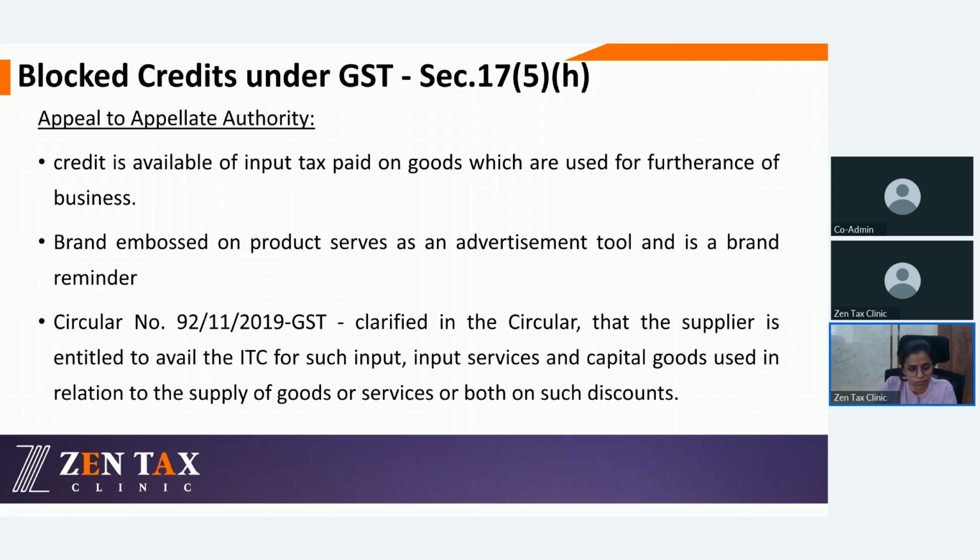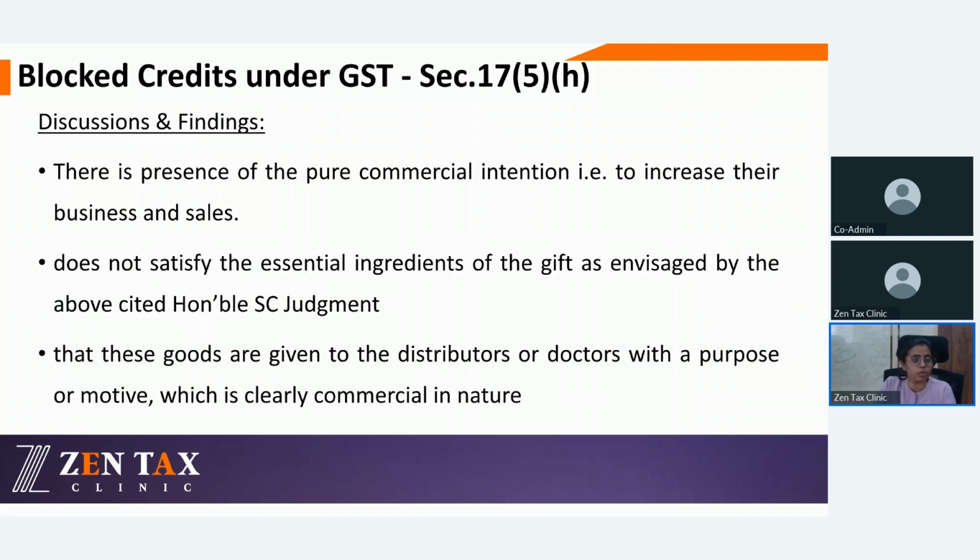So based on this, the authority would have come to a conclusion that all of these promotional or sales target expenses incurred were merely for the business to expand or to increase their sales. So this is purely a commercial transaction, and there is a commercial intention.